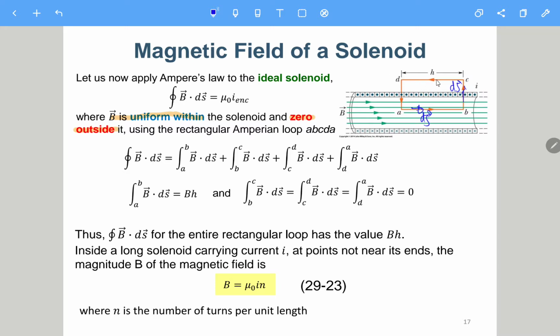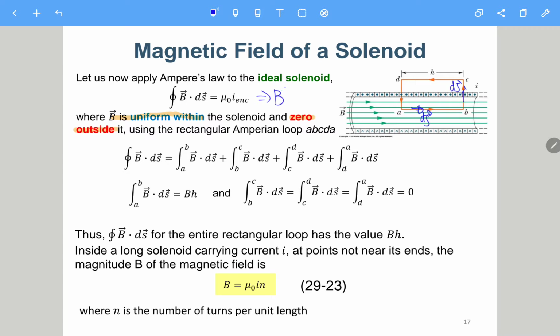And CD is totally outside the solenoid. We assume B is 0 outside the solenoid, so this part also contributes 0. So all these 3 terms are 0, and this is BH. So the whole line integral on the left side is BH.